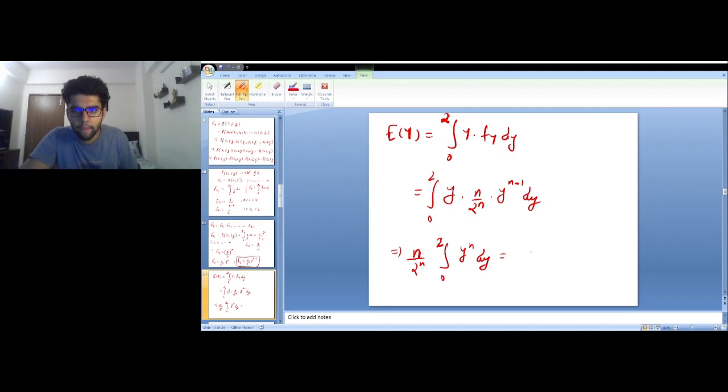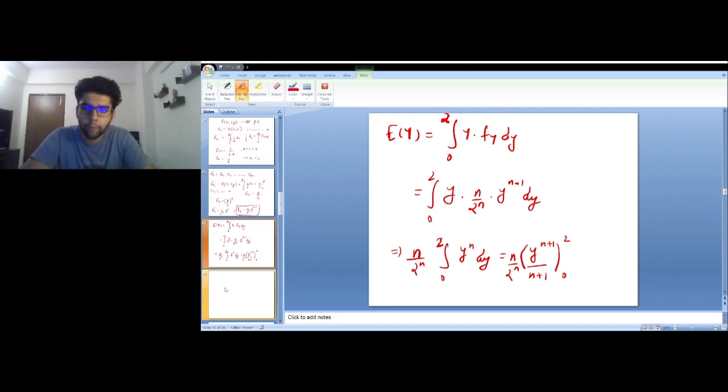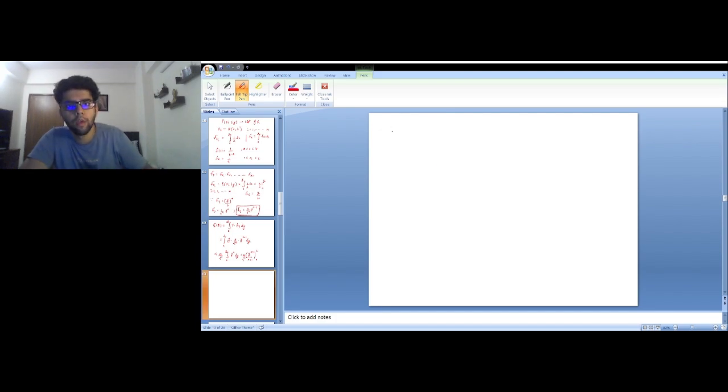After integrating, this becomes y to the power n plus 1 upon n plus 1. And my limits for y are 0 to 2, and this was a constant term, n upon 2 to the power n. Finally, after putting in the limits of y, I have the E of y, or the mean of y.